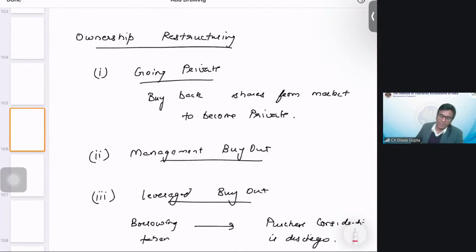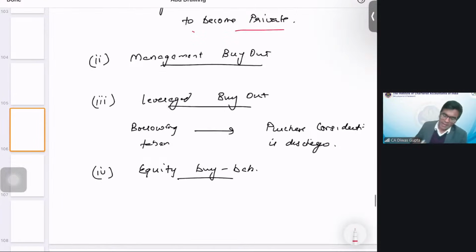Then comes ownership restructuring, students. Ownership restructuring means there are changes to the way the ownership is held. The first one is going private. This is something that you would have seen rarely, wherein we buy back shares from the market to become private. Let's say you are a listed company, you buy back shares, and become private. Management buyout means that the management of the company itself buys out from the owners.